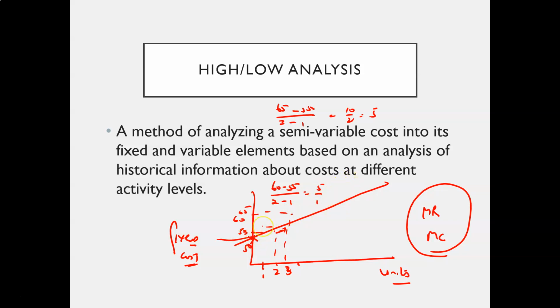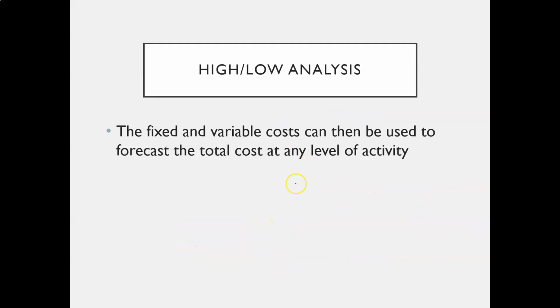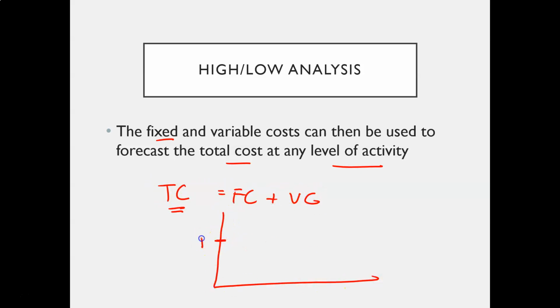Now, the nature of this curve. The fixed and variable cost can then be used to forecast the total cost of any level of activity. So the curve you just saw me draw is the curve where total cost is equal to fixed costs plus variable cost, where I hold fixed costs over here and my variable cost increases.